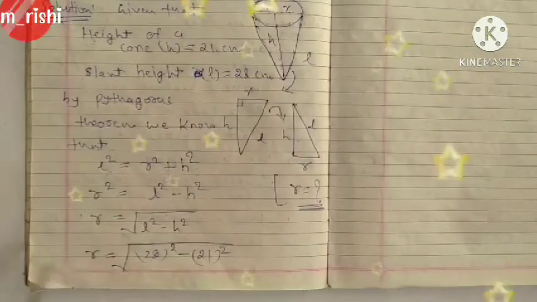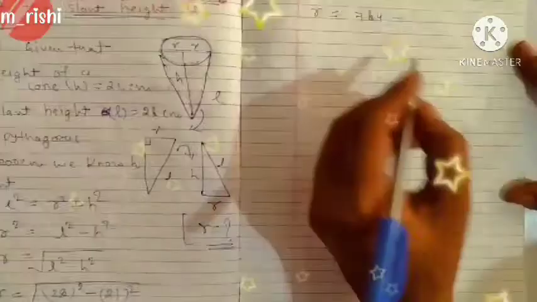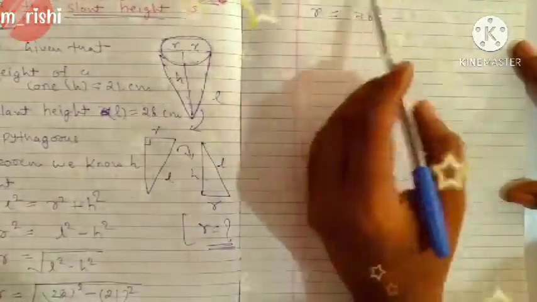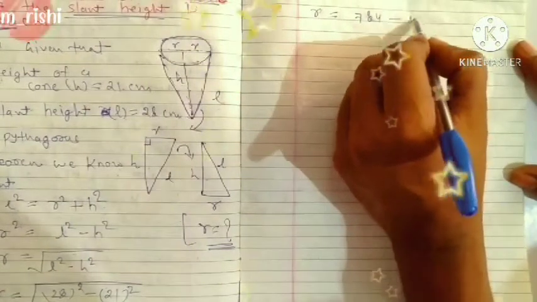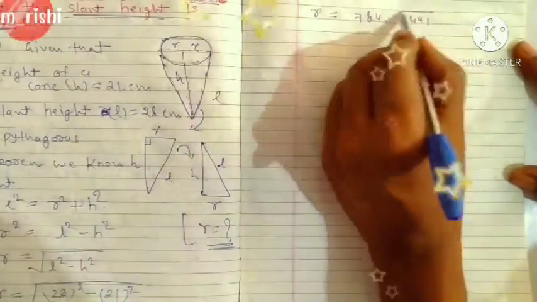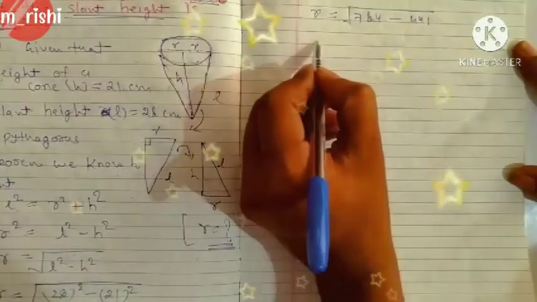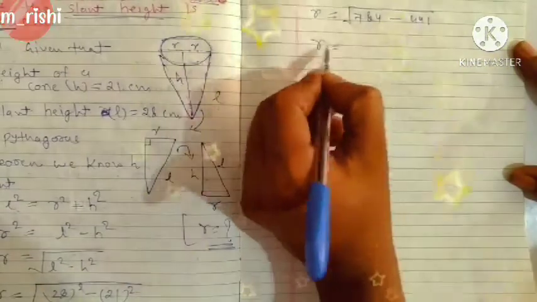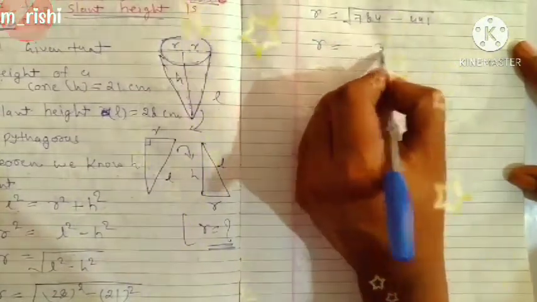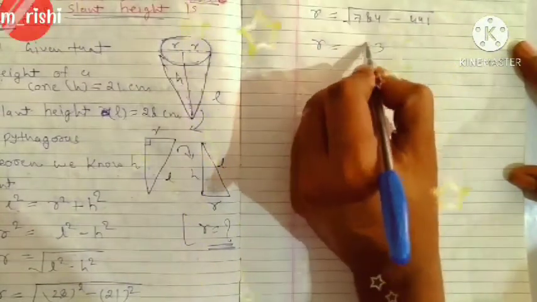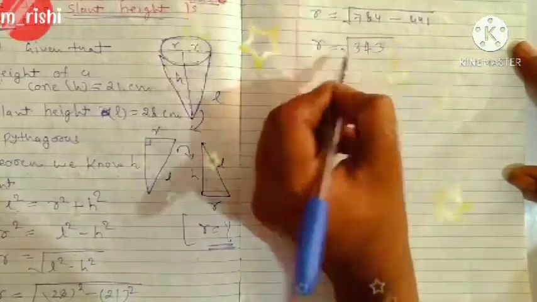Now 28 whole square is 784 and 21 whole square is 441. Now minus: 4 minus 1 is 3, 8 minus 4 is 4, and 3, under root.